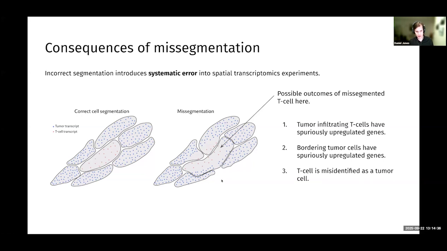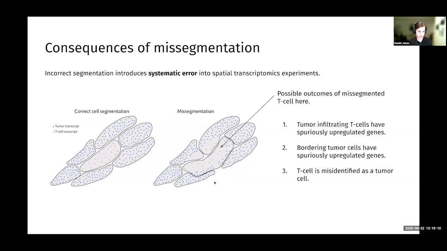But then there's a more subtle error, which we see quite a bit, which is that you don't get equal amounts of transcripts in every cell. Tumor cells tend to transcribe a lot of stuff. That manifests in these spatial transcriptomics experiments as a lot of transcripts per cell in the tumor cells. Whereas a lot of immune cells have a much more well-defined expression program, and so they'll have a lesser readout.